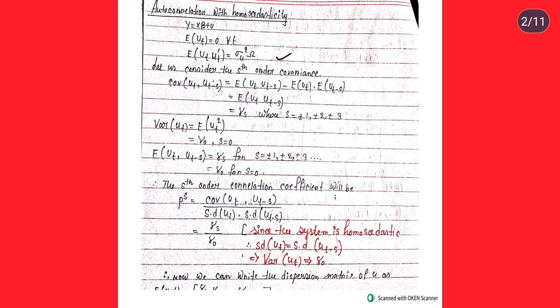From this line I can show that this is shown here. The standard deviation or variance of ut is equal to gamma 0.